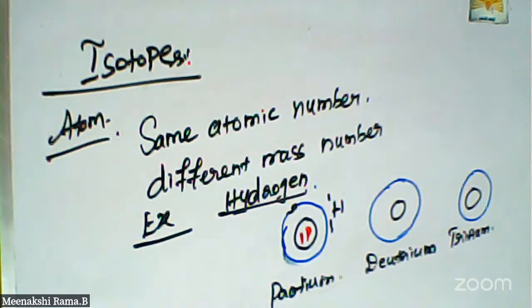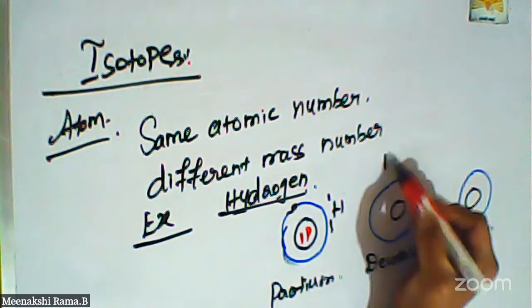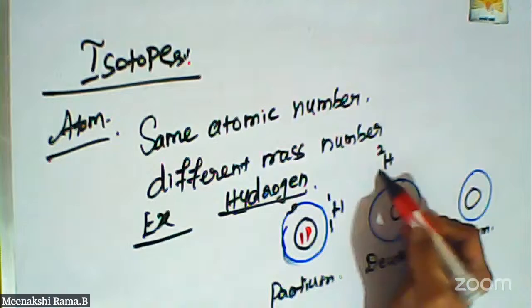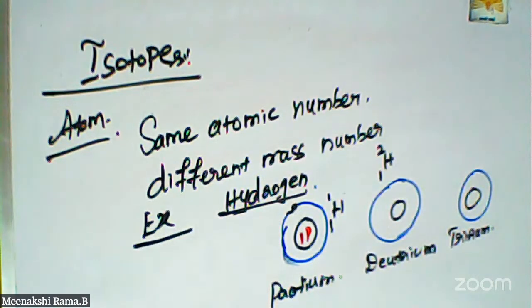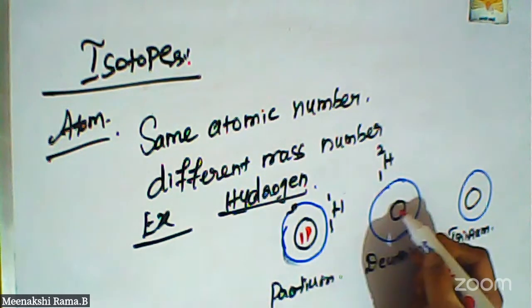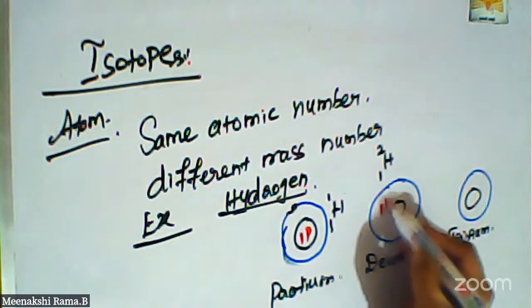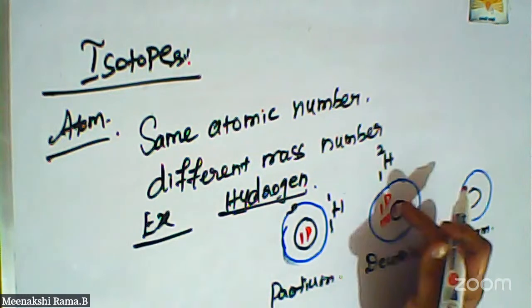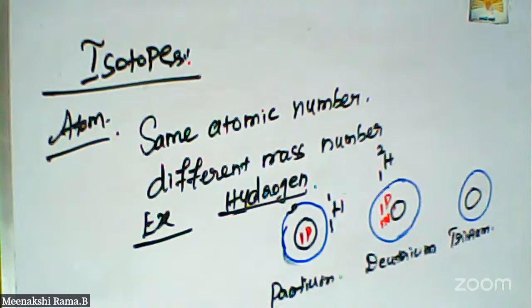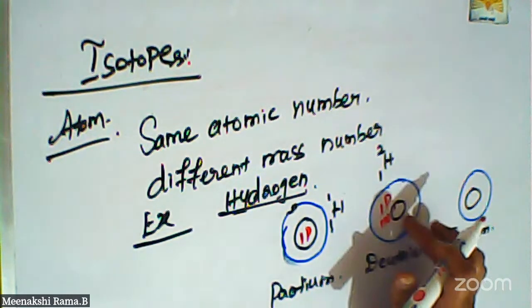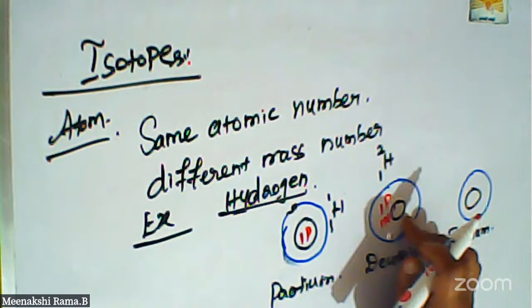Second, in deuterium, the mass number is 2 and the atomic number is 1 only. So one proton and one neutron. How can we calculate the mass number?